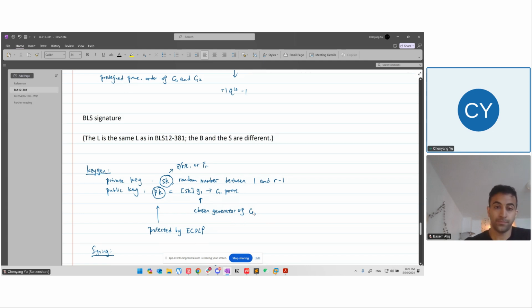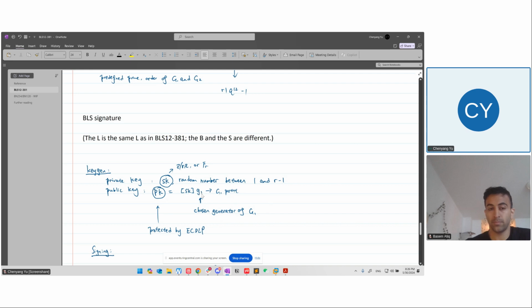It says if G1 has prime order, then every element other than the identity, which is the capital O point at infinity, should be a generator. So you scalar multiply your secret key onto that G1 point.